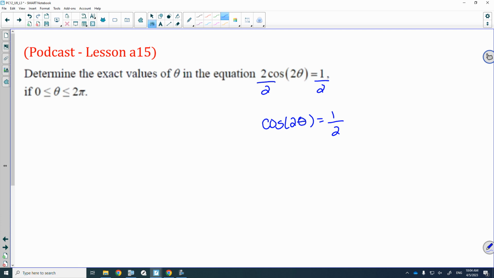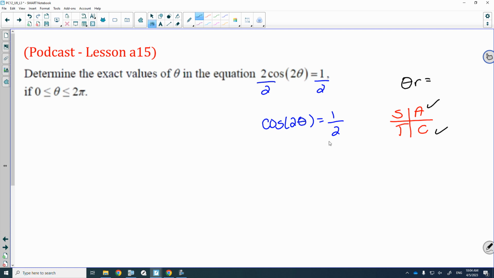Okay. We are dealing with cosine, and cosine is positive. So cosine is positive in this quadrant and in this quadrant. I am looking for the reference angle where my x coordinate is 1/2. Angel, what would that be where the x coordinate is 1/2?